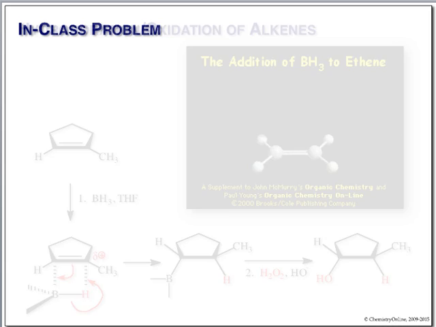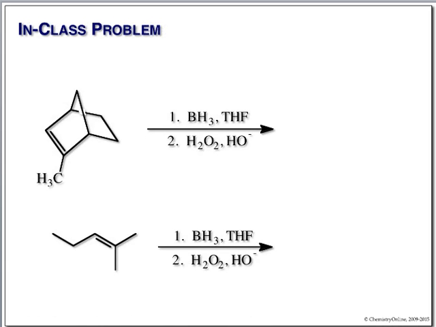All right, let's do a couple quick problems then. Take these alkenes, do hydroboration, oxidation. Remember I said you talk to yourself. What do you say? You say, well, in this reaction, I'm going to get an alcohol. My regiochemistry is going to be anti-Markovnikov.